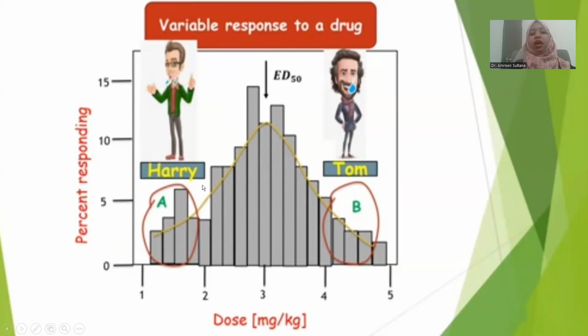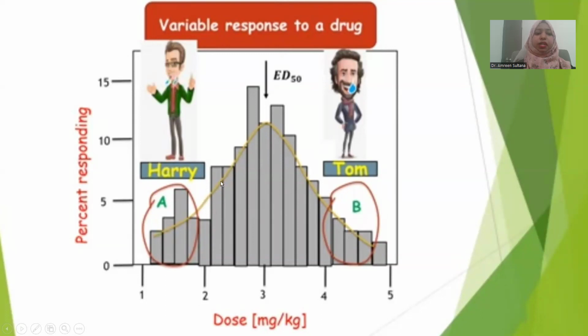In the case of Harry, previously he was suffering from hypertension, and now he has got hypotension. Why? Based on the graphical representation, this curve describes the hypertension in the case of Harry.